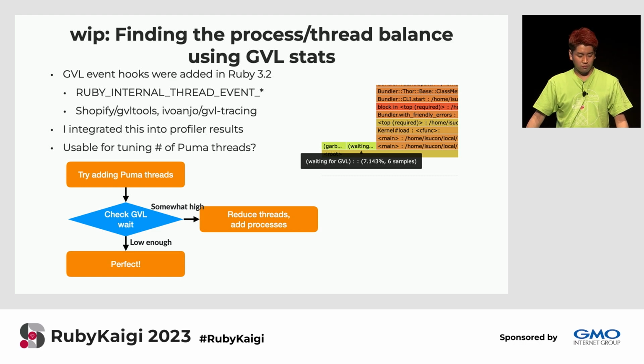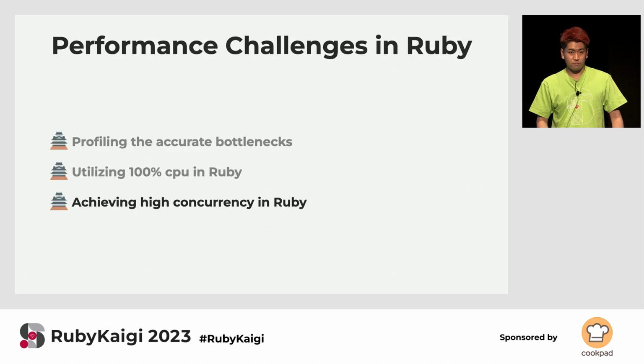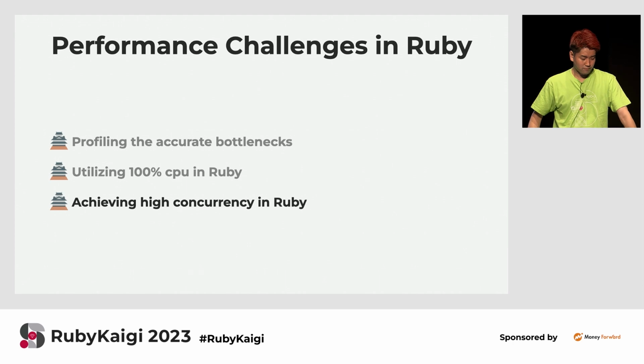If the wait time is low enough, perfect. Just go on. Maybe try to add more threads. But if the wait time is somewhat high, maybe we should reduce threads and add processes if memory allows. Cool. So although we probably can't reach 100%, we might go somewhere near.